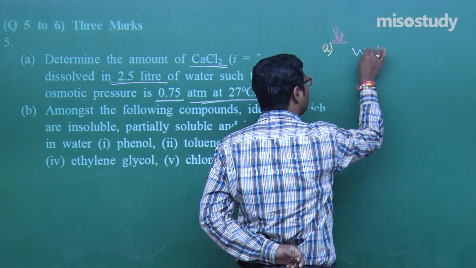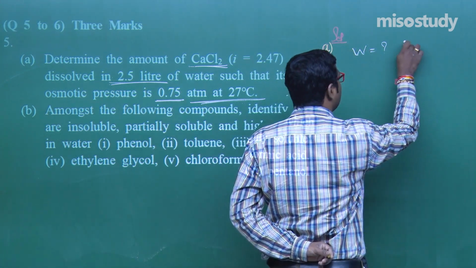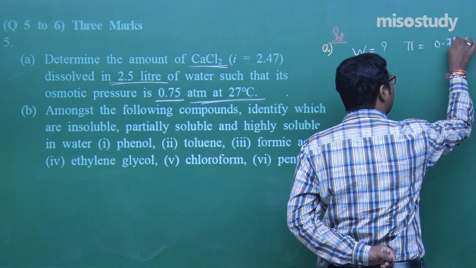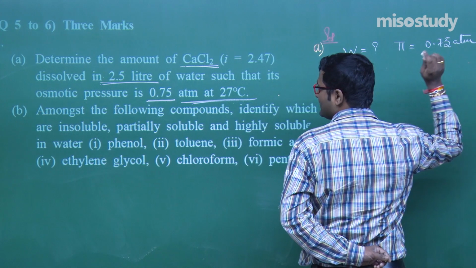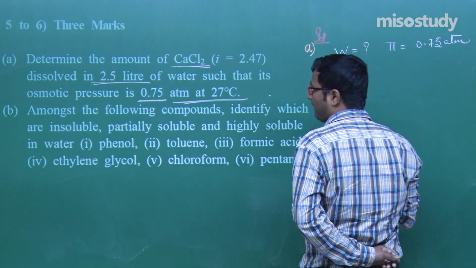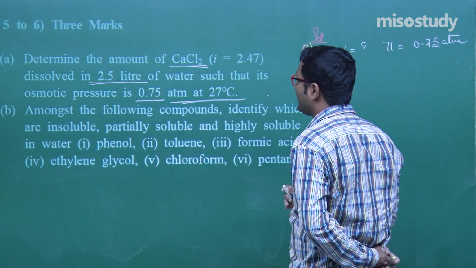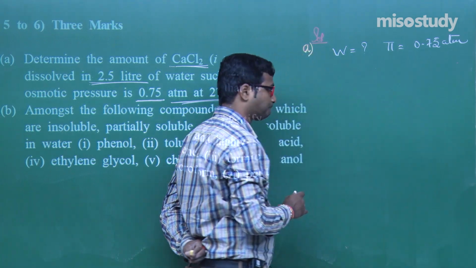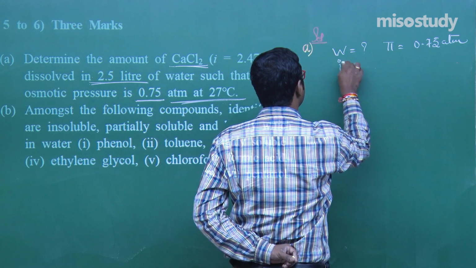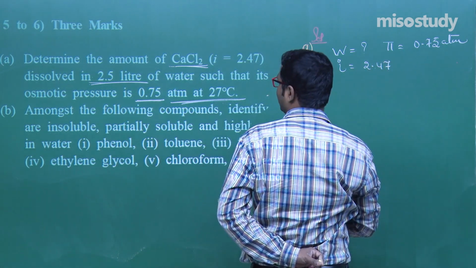What we need to find is W. What is given here is the osmotic pressure, pi, 0.75 atm, and 2.5 liter of water, and i is given here, 2.47.